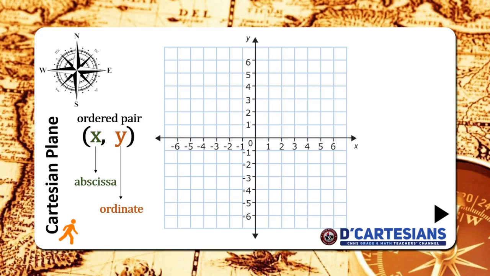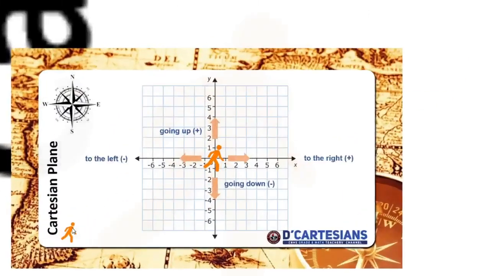Okay? Then we also learned about the ordered pair 0, 0, which is our origin. Ayun. Okay? Kung saan nag-meet si x at saka si y na lines, yun ang ating origin. So, dahil nasa 0 siya, wala pang movement kay x at wala pa ring movement kay y. So, why am I referring to these as movements? Okay, let us review.